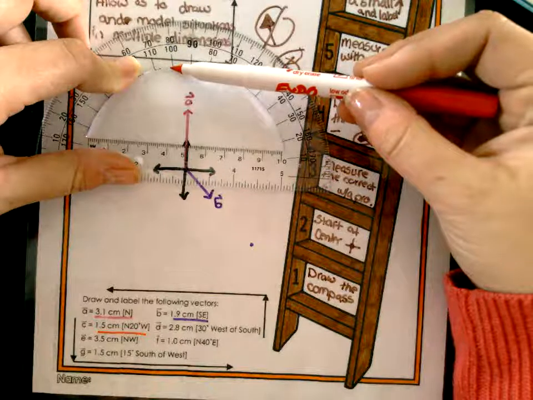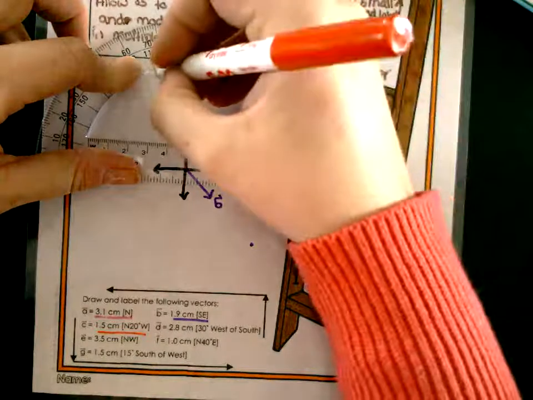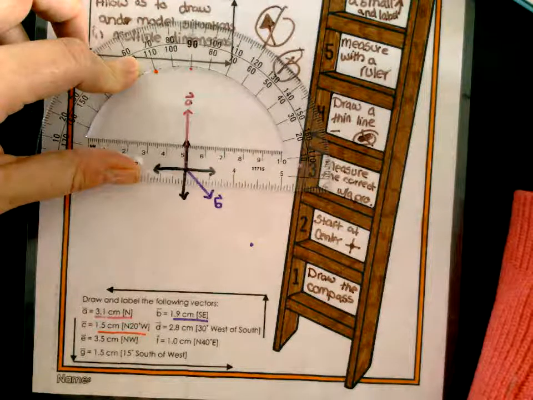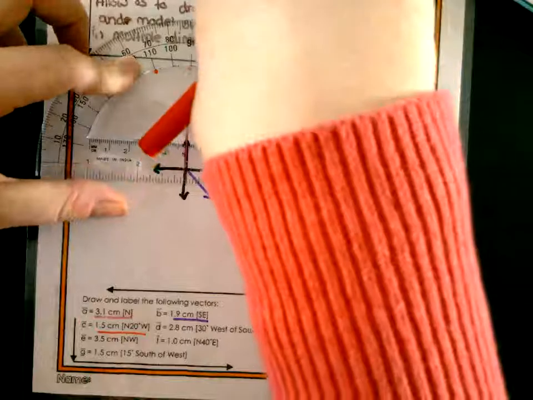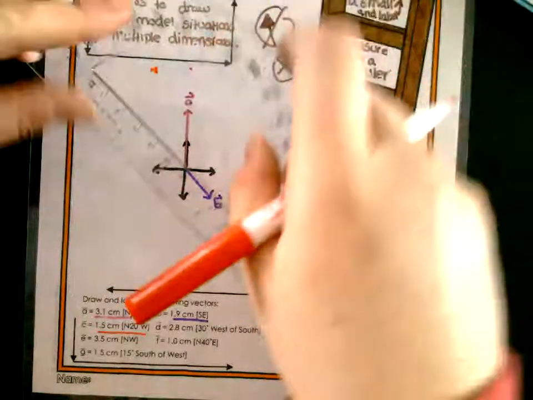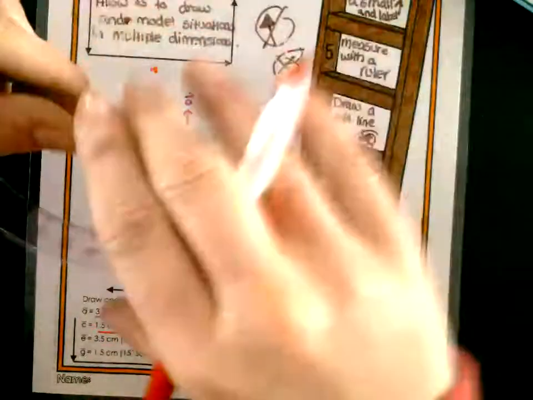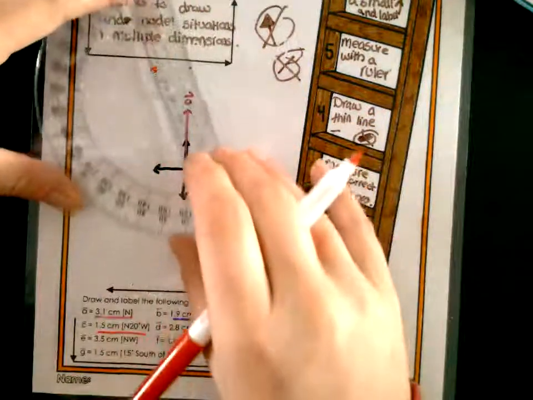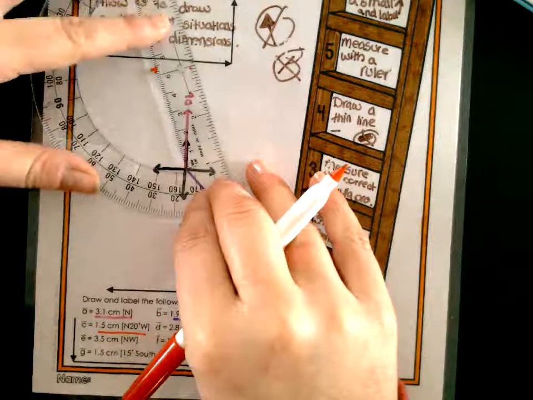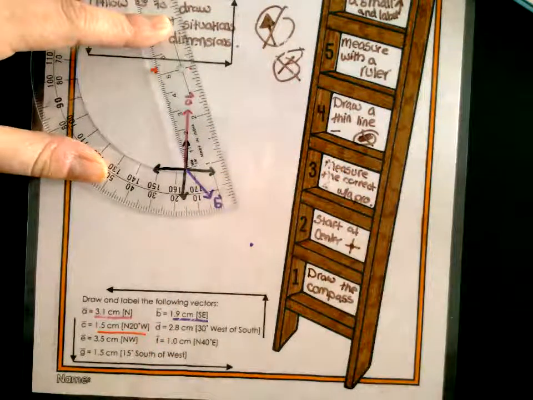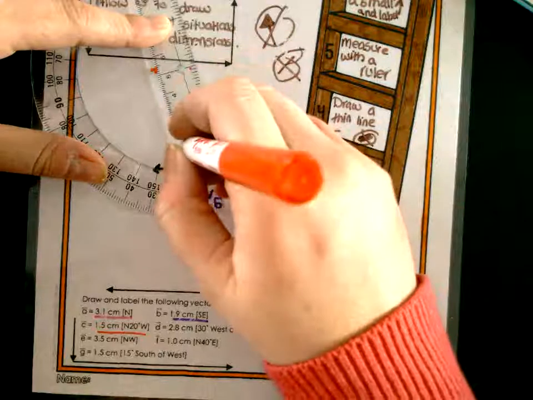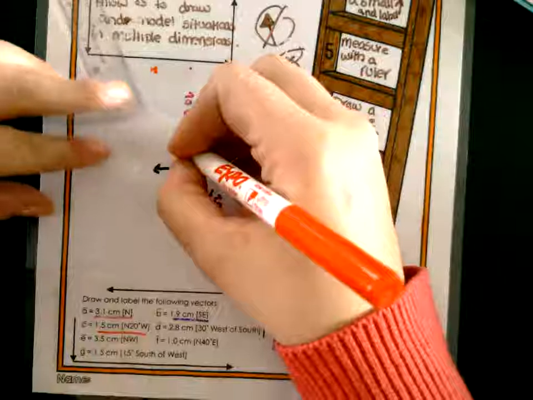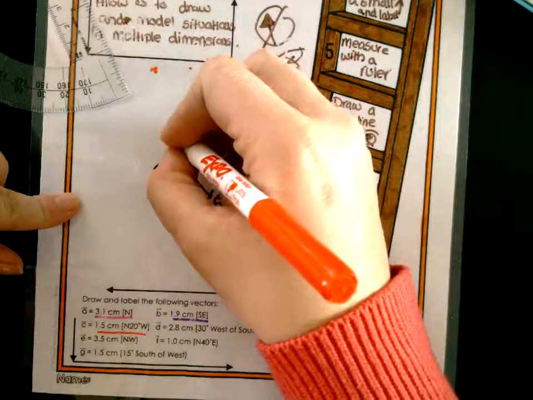So 10, 20 degrees west of north. I'm going to move my protractor. I'm going to set up my angle, and I like to put the 0 at the vertex to make my life easy. And I want to go 1.5 centimeters. Draw my arrow and give it a name.